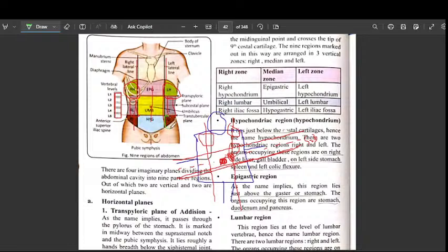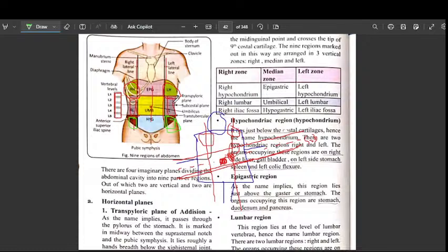Within the iliac region, it is left iliac fossa, and for the right side, it is the right iliac fossa. So left hypochondrium, then left lumbar, then left iliac fossa. Similarly, right hypochondrium, right lumbar, right iliac fossa.